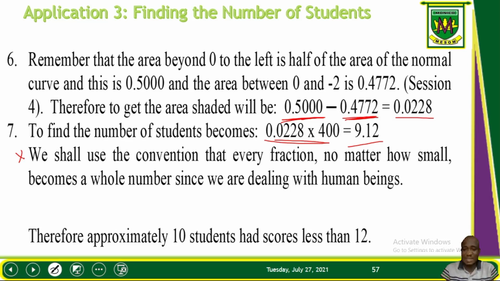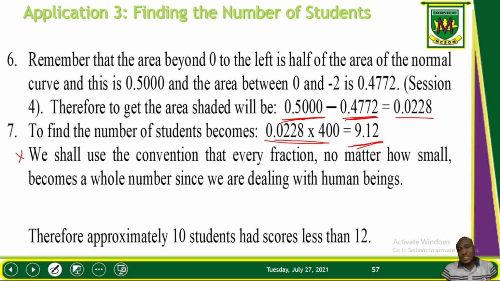You have to increase it. You can see that the decimals are not decimals that in normal sense we can approximate, because the number after the 9 is not 5 or more than 5. It's 2. 2 is less than 5.